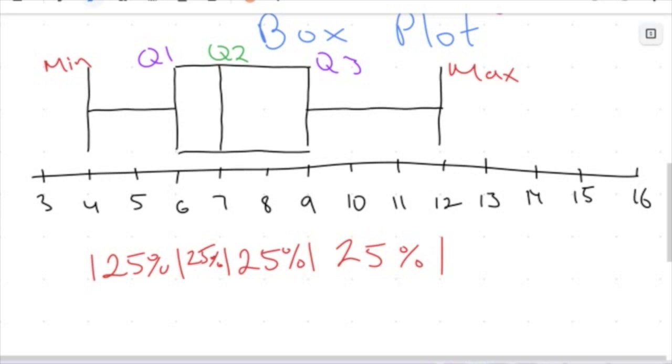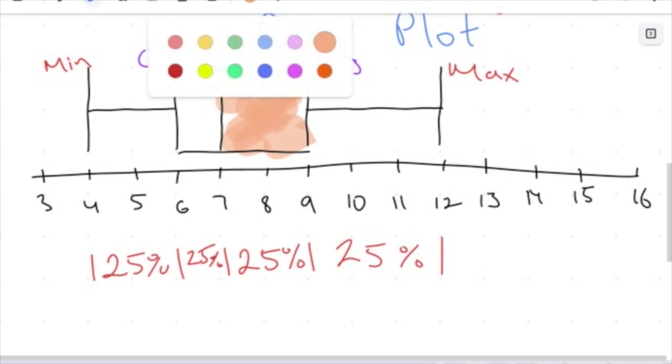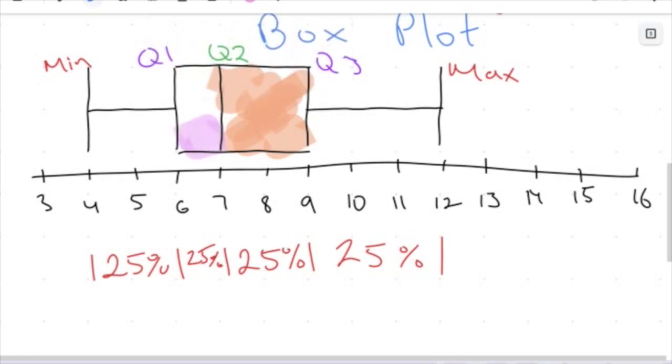Even though they make up 25%, I can see that the difference between the median and the upper quartile is a lot bigger than the difference between my lower quartile and my median.